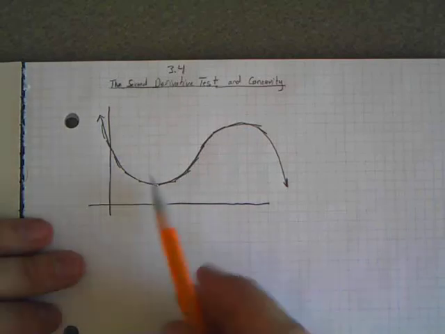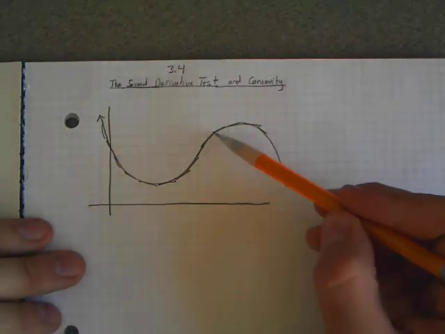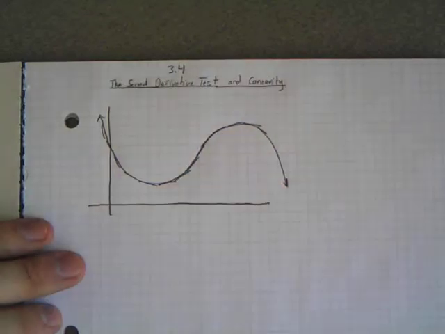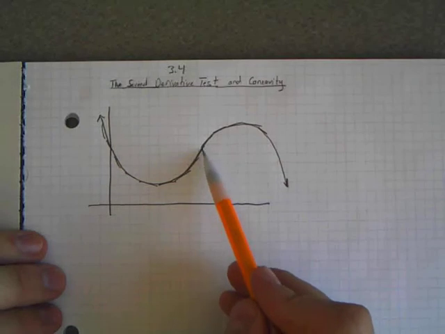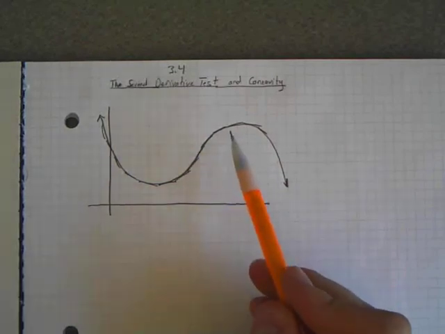So from here to here, all my tangent lines are below the function. Then you get to a point where your tangent lines change from below the function to above the function. That change is also a spot where there's a change in concavity. It happens right about here, where we change from concave up to concave down.